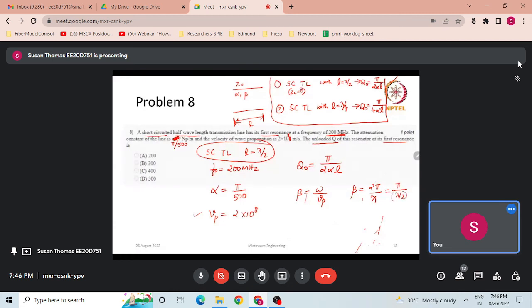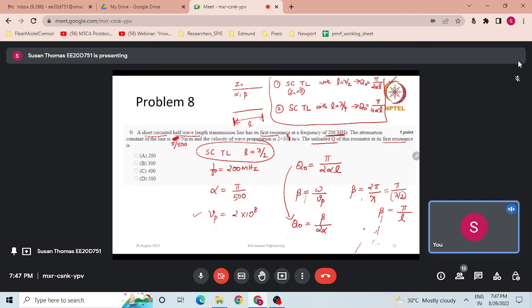So beta can also be written as pi by the length of the transmission line, that means beta is equal to pi by L. So this can be written like Q naught is equal to beta by 2 alpha.